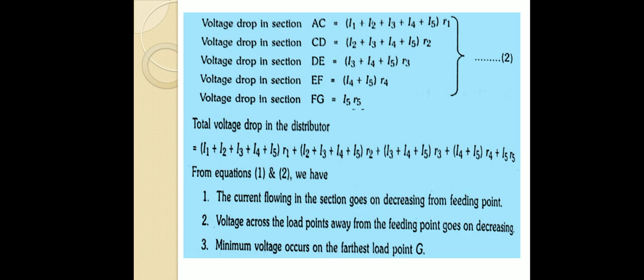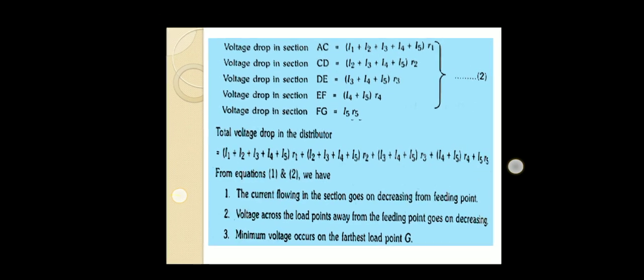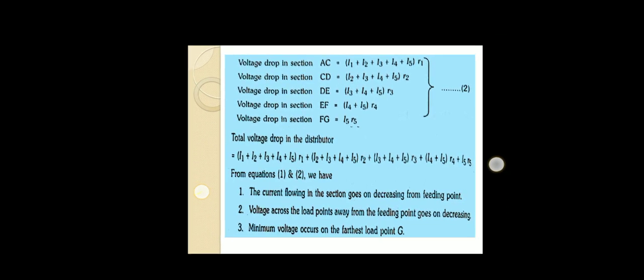From equations 1 and 2, we observe that the current flowing in the sections goes on decreasing from the feeding point. Second, the voltage across the load points away from the feeding point goes on decreasing.